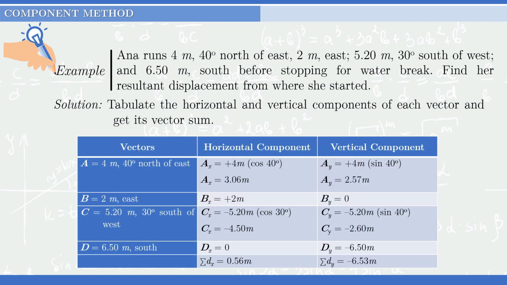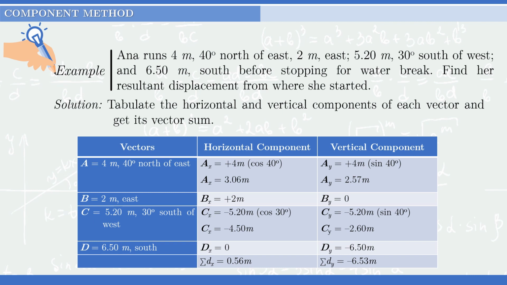For vector A, we have 4 meters 40 degrees north of east. Note that its direction lies in the first quadrant. So to determine its horizontal component, we have 4 meters cosine 40 degrees, and that yields 3.06 meters. To determine its vertical component, we have 4 meters sine 40 degrees, and that yields 2.57 meters.